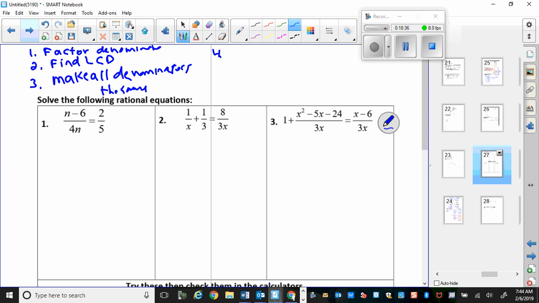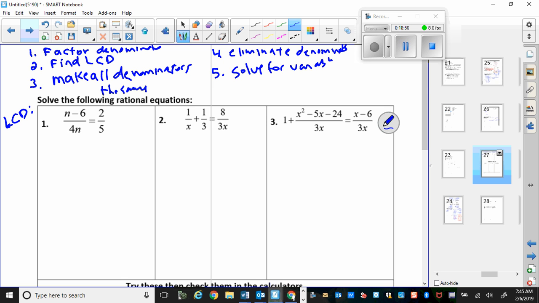Number 4, eliminate denominators. Number 5, solve for the variable.